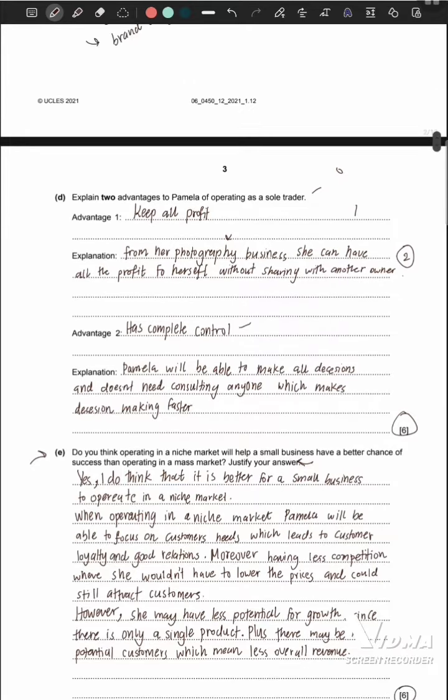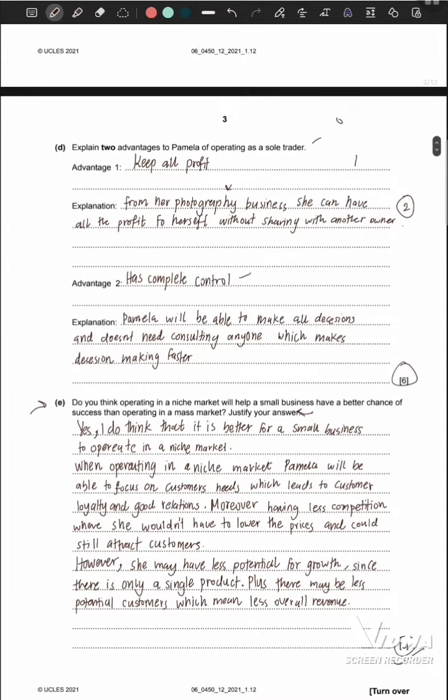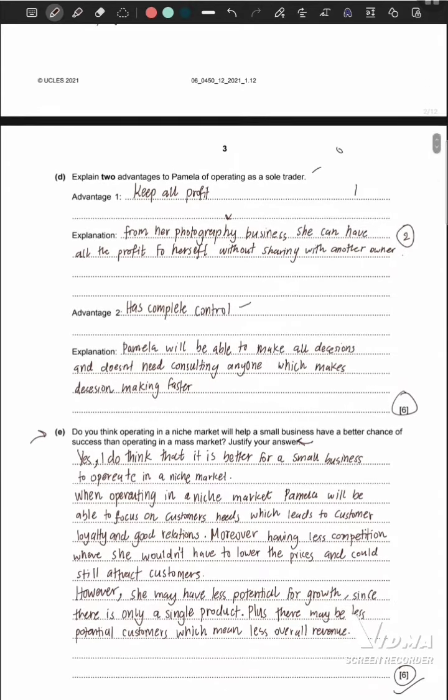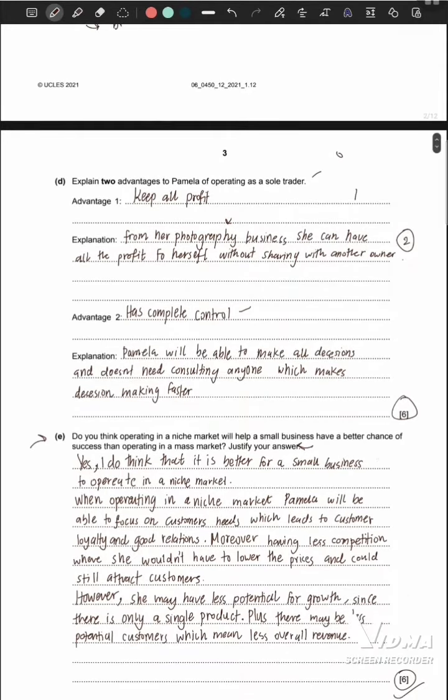But for this one, I decided not to, because it's already 6 marks. Maybe you can do this in the second paper for the longer ones. But I think there are enough points supporting my answer, agreeing with the niche market.